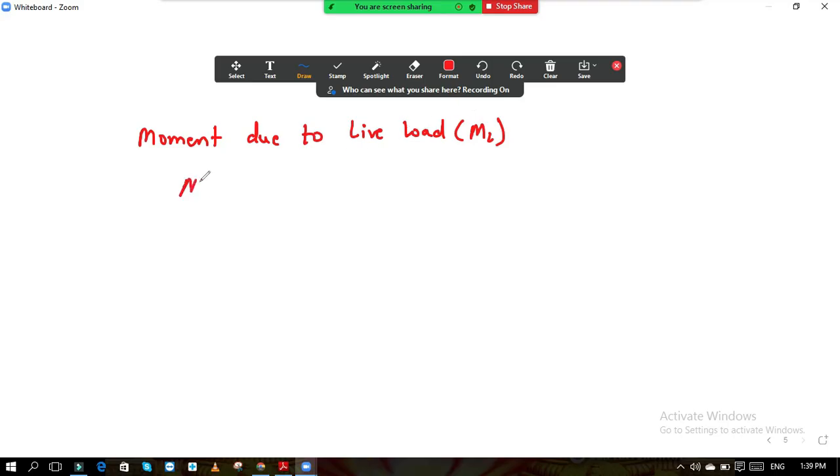So Ml is equal to WL square divided by 8. So W is 18.13 into 15 square divided by 8. So solve it now and let me know the answer.